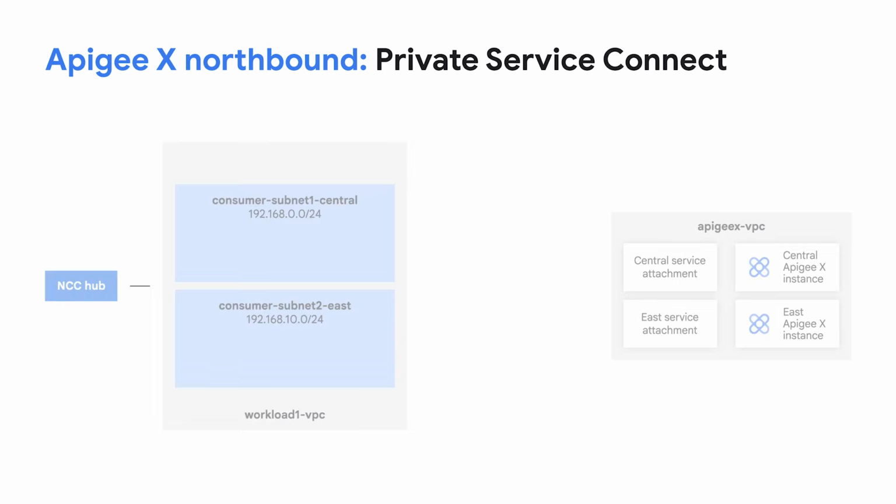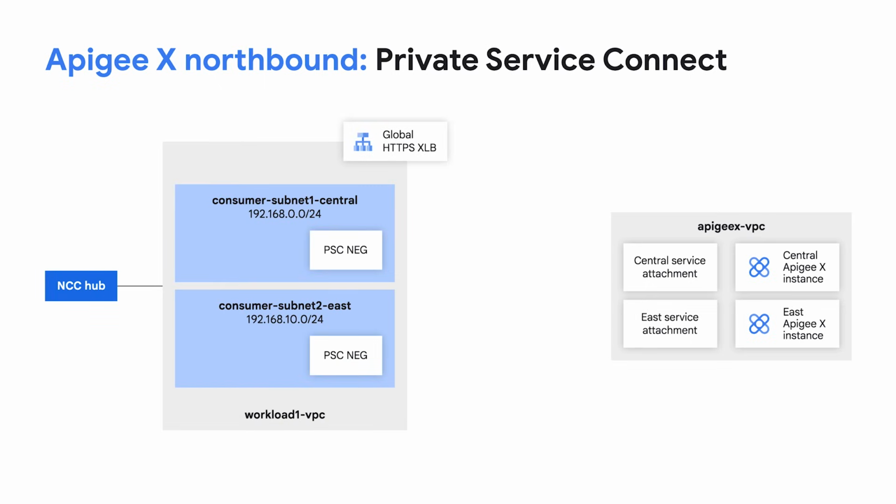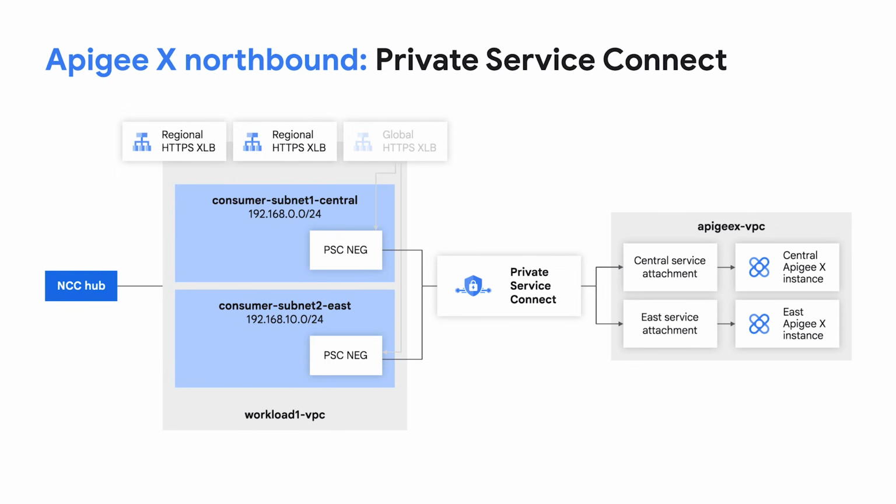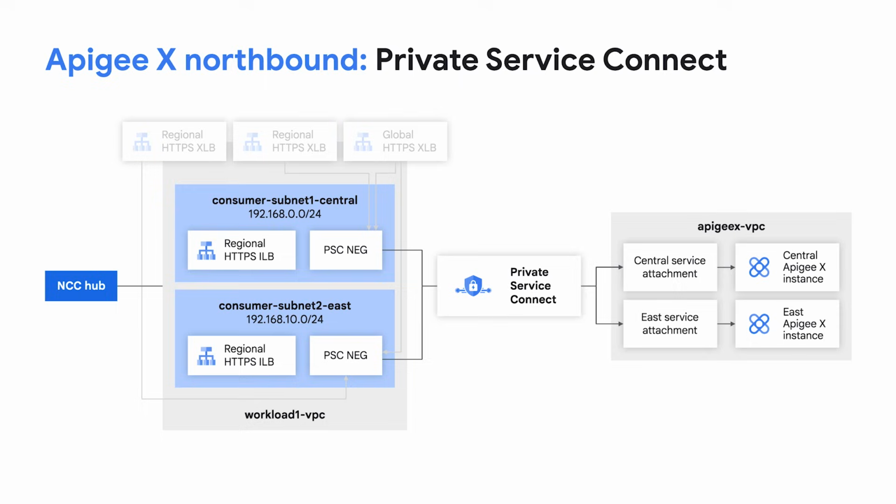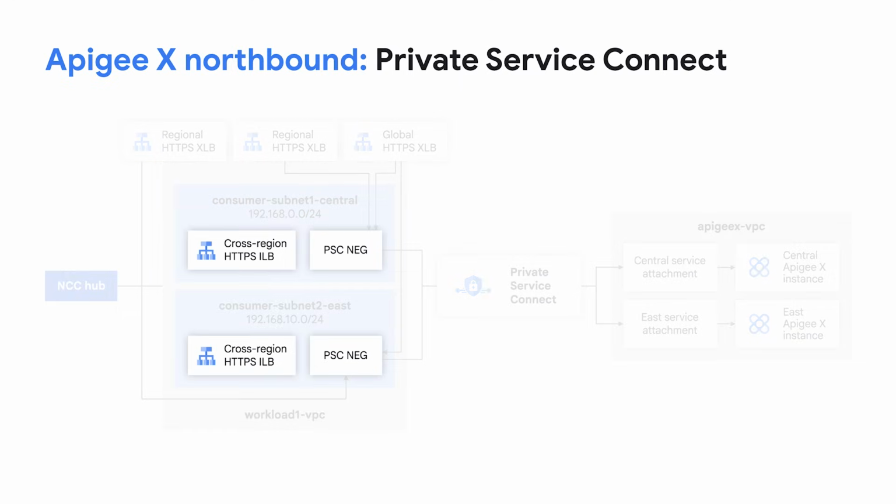If using PSC, you can choose to connect via an application load balancer with a PSC NEG connected to the Apigee provided service attachment. The load balancer could be external or internal, and global, regional, or cross-regional, depending on the traffic pattern. By using an application load balancer, you can bring your own certificate for use with establishing connections to Apigee.